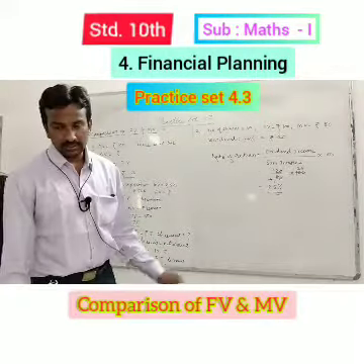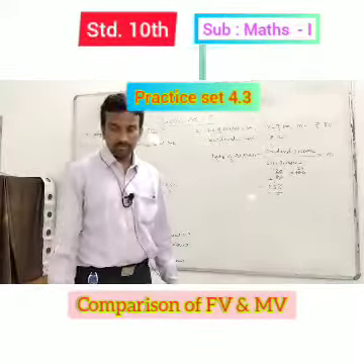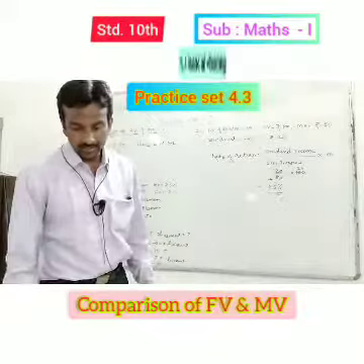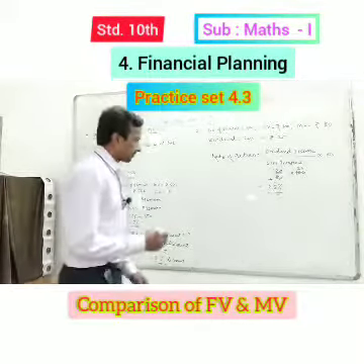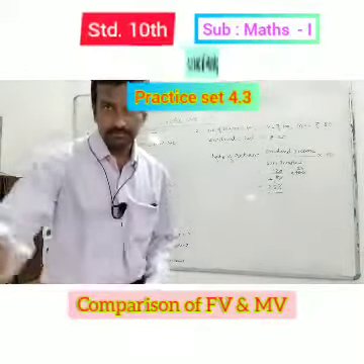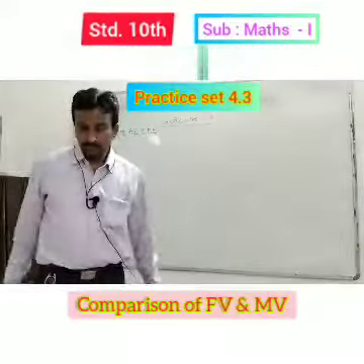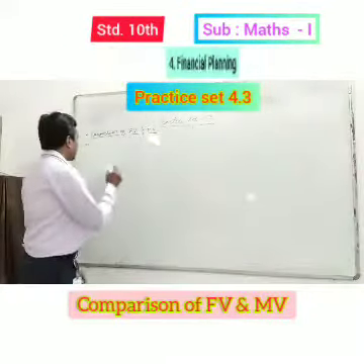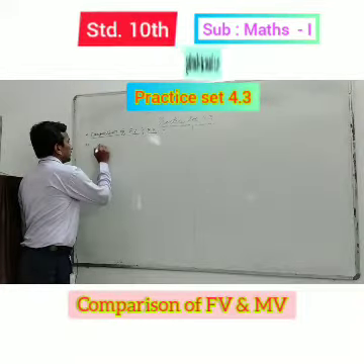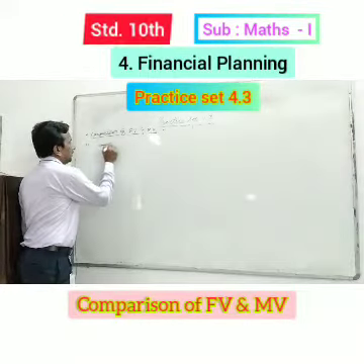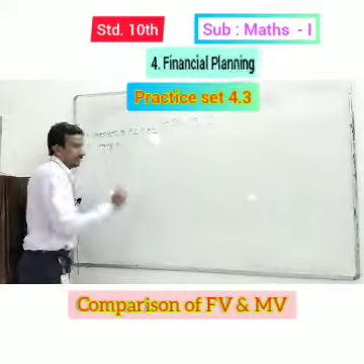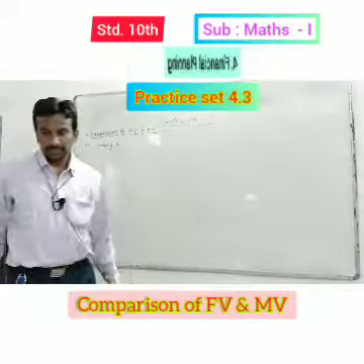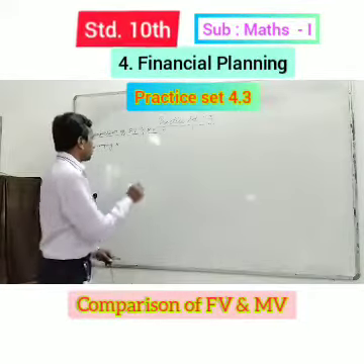Joseph purchased shares from different companies A, B and C. From company A, he purchased number of shares 200.